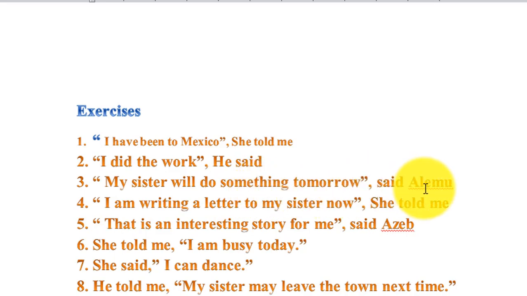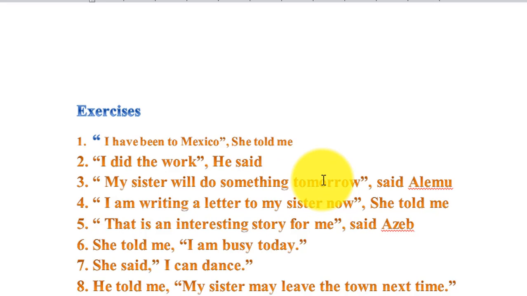When reporting, Alam said that his sister would do something the next day. Alam is male, so we report it as "his sister." Will changes to would, the simple future. Tomorrow can become the coming day, the following day, or the next day; we have three options.